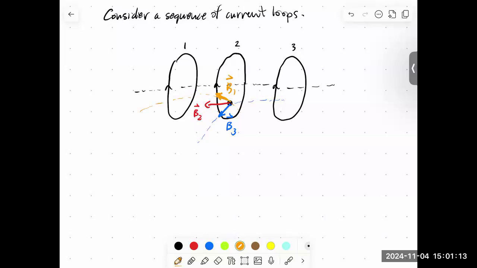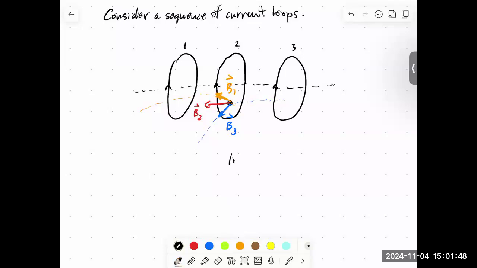And if you look at B1 and B3, they have components that are vertical, but opposite, and about the same size and magnitude. And so they end up canceling. Their horizontal components add up. And in fact, they add up to B2. And so what this seems to be indicating is that we're going to have a strong horizontal magnetic field inside the coils and with almost no vertical component.